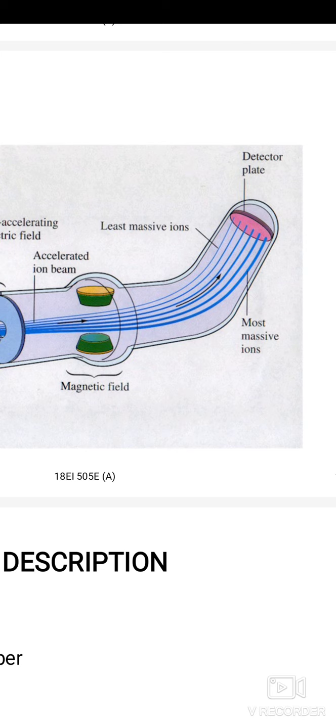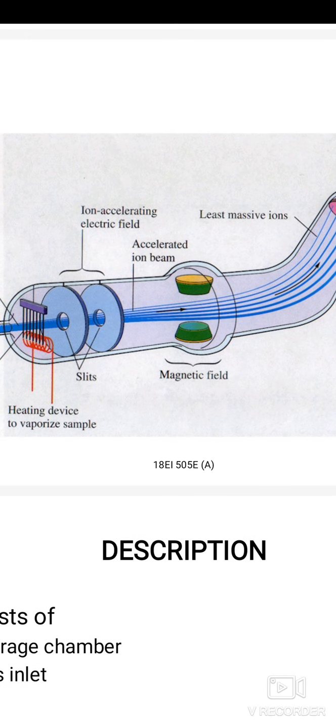The recorder records the different masses present in the sample as a mass spectrogram. In that way, we can identify the different masses present in the sample using the principle of mass to charge ratios with a mass spectrometer.